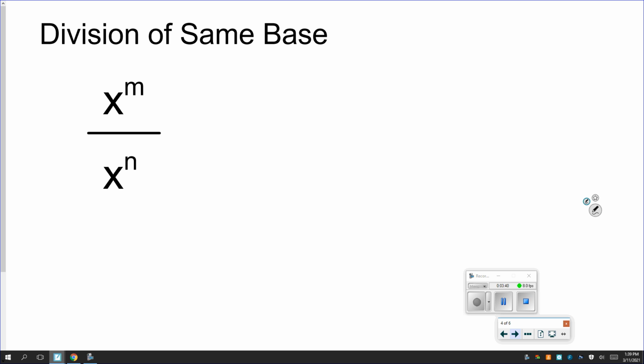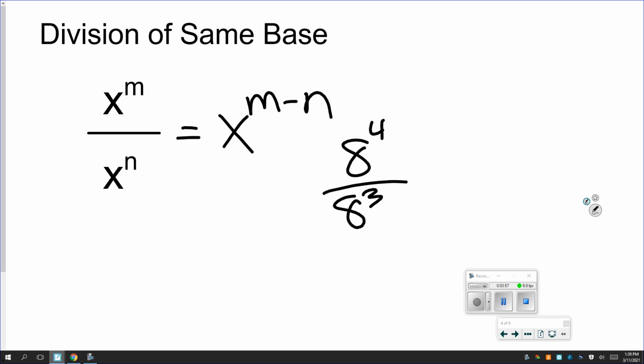Alright, division of the same base. So you'll see I have the same base here, x and x. So the base stays the same. What I can do with my shortcut is I can take m minus n. So what that would look like, if I had 8 to the 4th divided by 8 to the 3rd, my shortcut would be, base stays as 8, and do 4 minus 3, which would give me 1, or I could just leave that as 8, because 8 to the first is just 8.